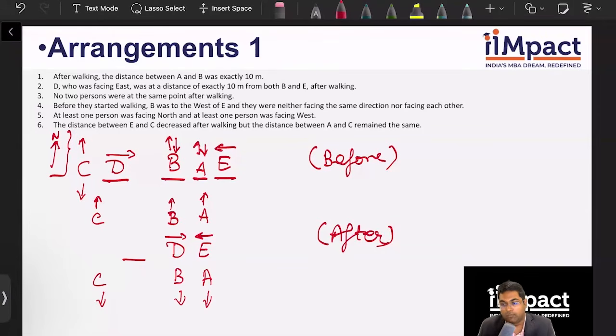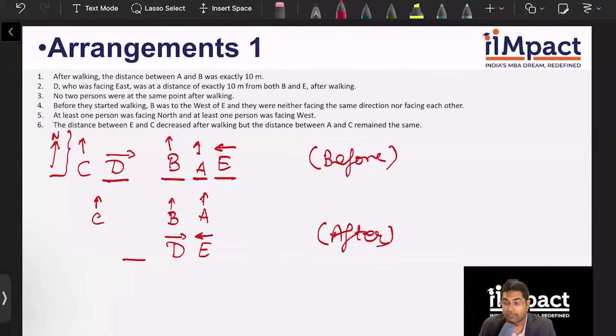Yes, all three of them go north or all three of them go south. There is no in between case. So since I know there has to be at least one person facing north, I can conclusively say that none of them moved south. That case is not possible. So this is my final arrangement before and after. And that's it. The set is solved.